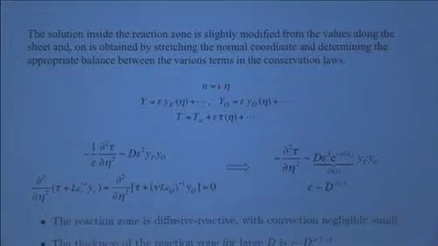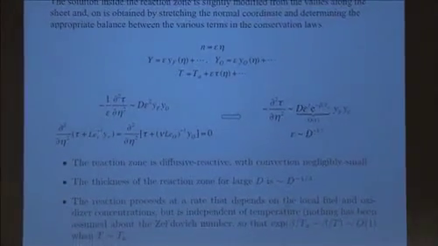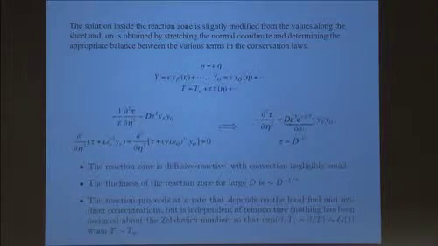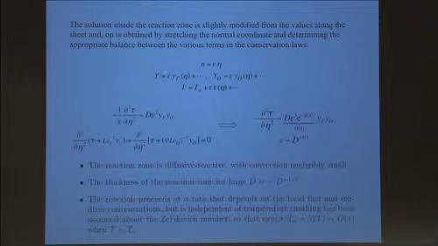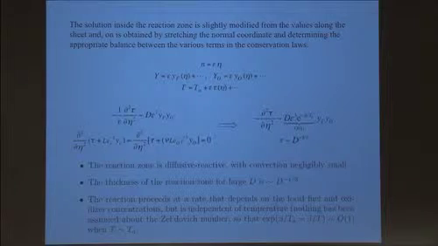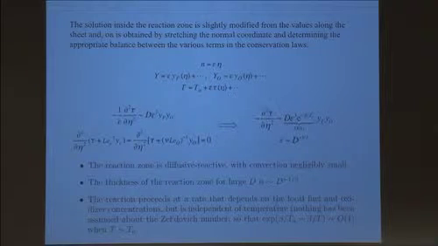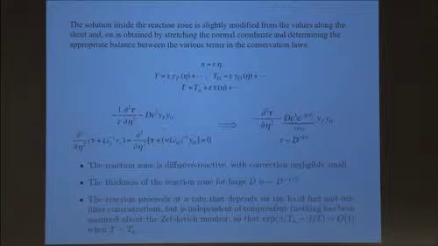You write n is equal to some epsilon eta. And epsilon is a small parameter that at the moment I didn't determine, but it will be determined through the analysis. Now we know that near the sheet, the fuel and the oxidizer, YF and YO, are nearly 0 because in the Burke-Schumann limit they are totally consumed, so they should be small, and they are expanded as epsilon times some quantity.